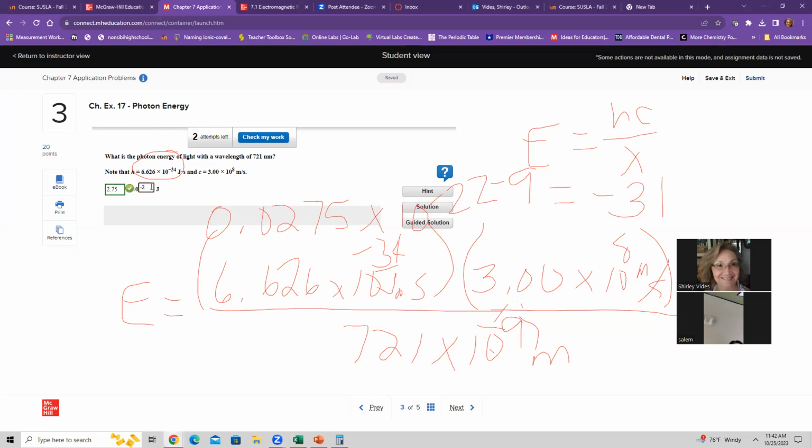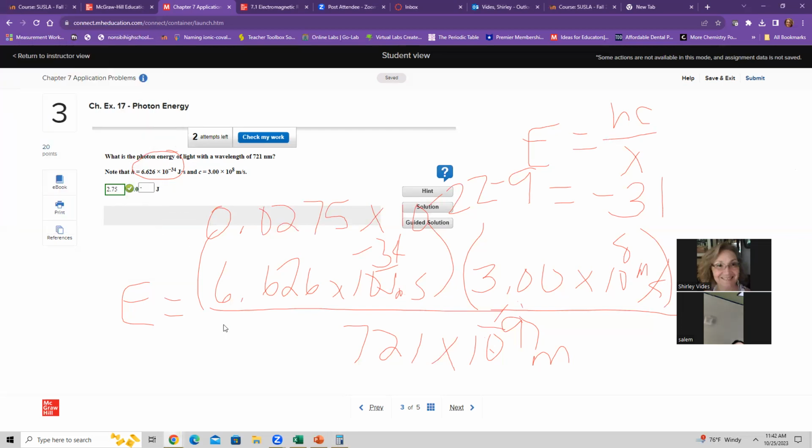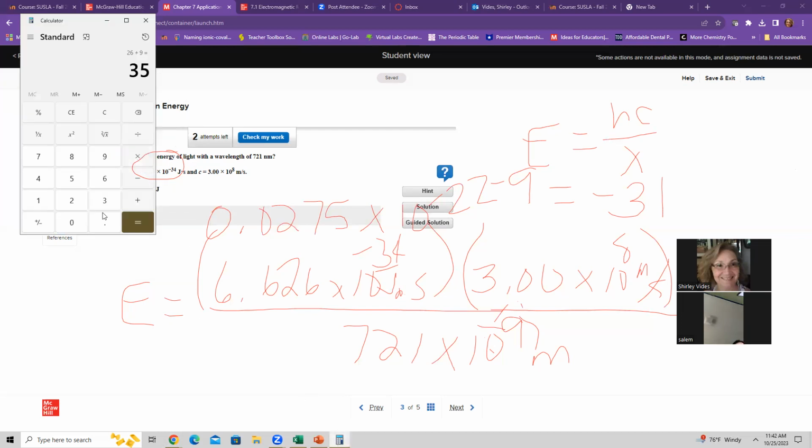Okay, again, let's do the math. I'm going to do it again, just to make sure I don't screw it up. It's negative 34, so I'm just going to subtract, and it's going to be negative, just remember that. Minus 8 equals that.